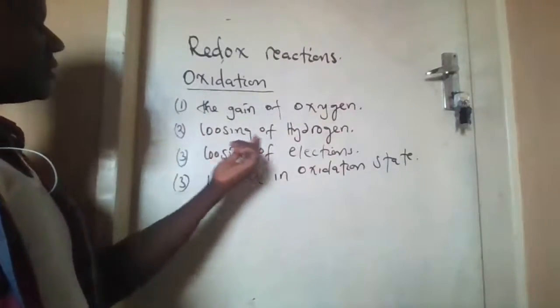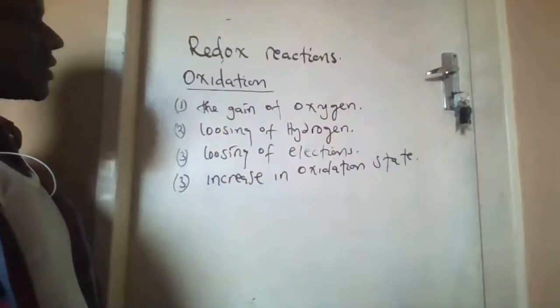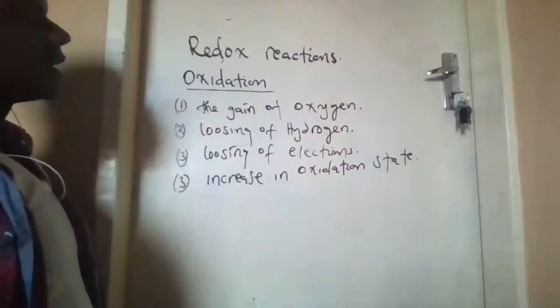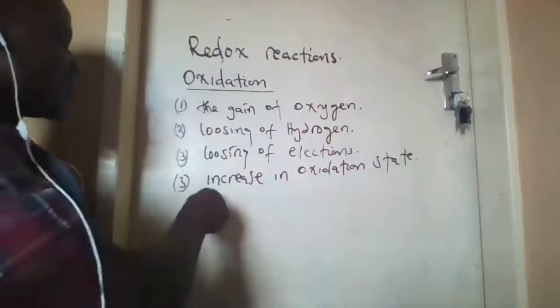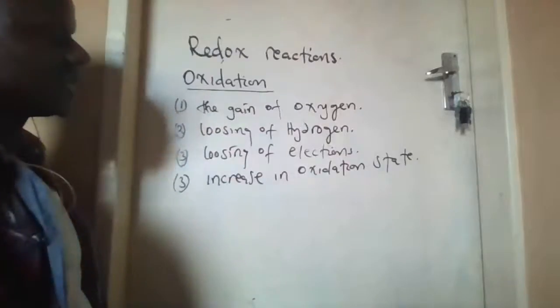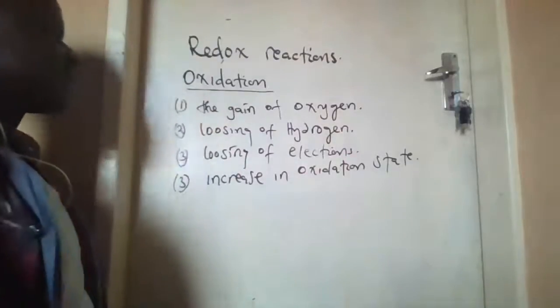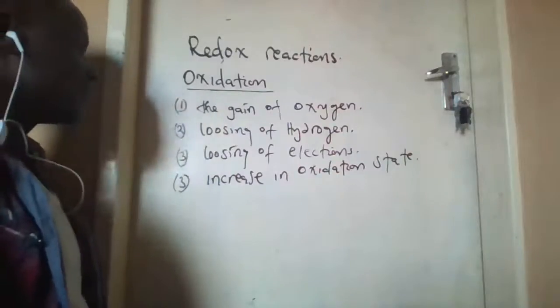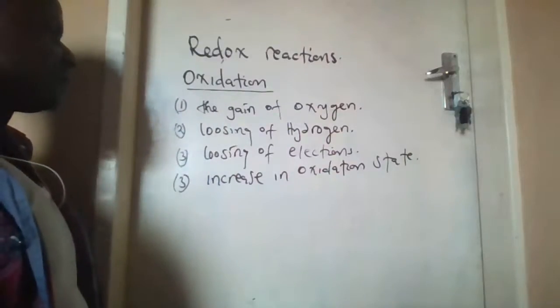If an element loses hydrogen, that is called oxidation. If an element loses electrons, that is called oxidation. And if an element's oxidation state increases, that can also be another way of defining an oxidation process.